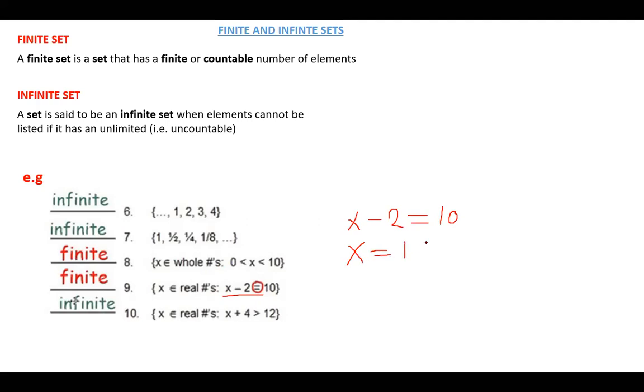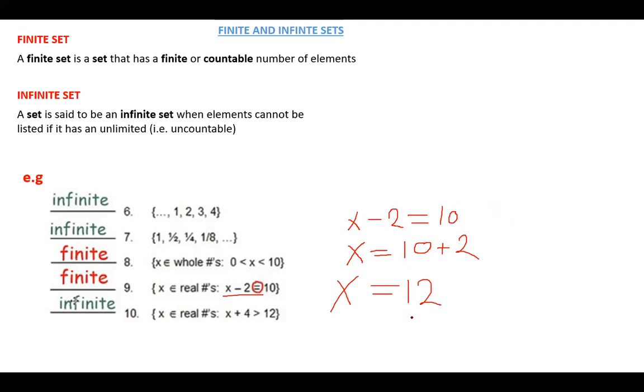This is going to give us 10 plus 2, because when you find the additive inverse, you simply add 2 to the other side of the equal sign. Some of you say that when the negative 2 crosses the equal sign, it changes the sign. Still the same. So 10 plus 2, there you get 12.